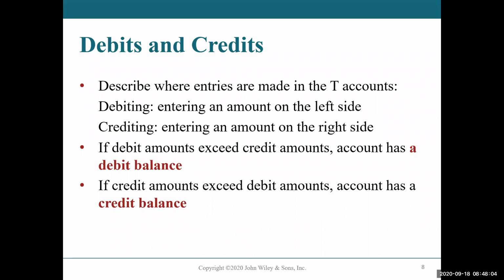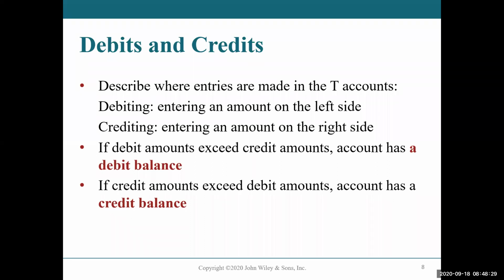Which of debit or credit is good for the account really depends on the account name. What we are trying to highlight here is that your debits and credits are exact opposite of each other, which means they will have opposing effects. The net balance in your T account has to lie on the heavier side.